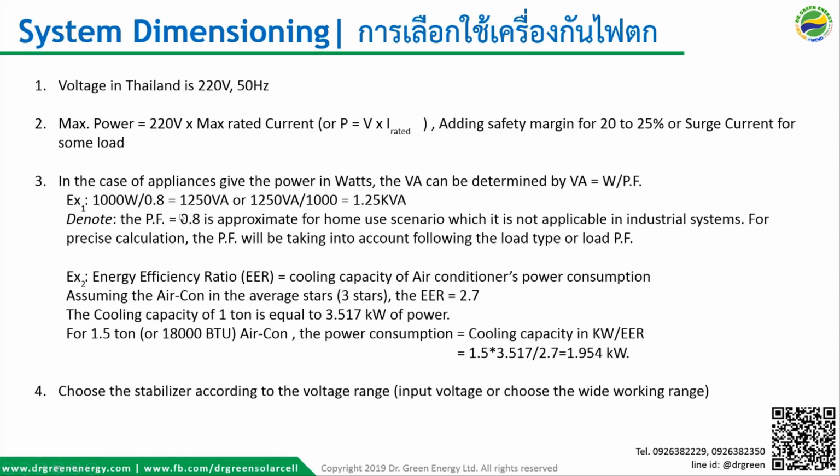Okay, but in most cases, if you calculate the VA or the apparent power from the known wattage value of the appliances, you can convert by using this formula, which is very easy.